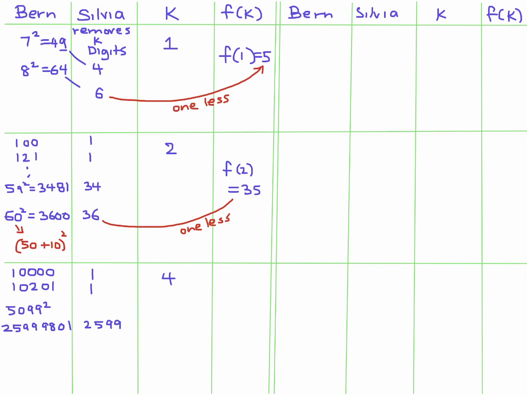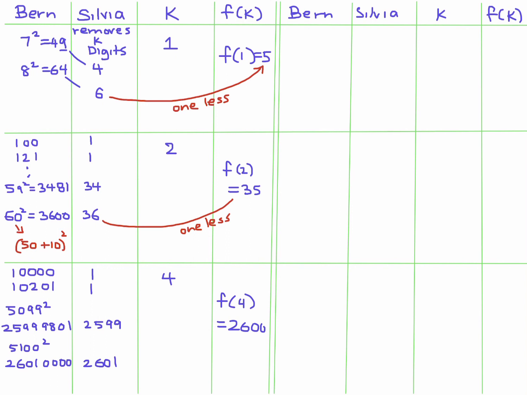The very next one is 5100 squared, which is 26010000, and removing those 4 digits, you get 2601. As you can see, 2600 is missing, so f at 4 is 2600.